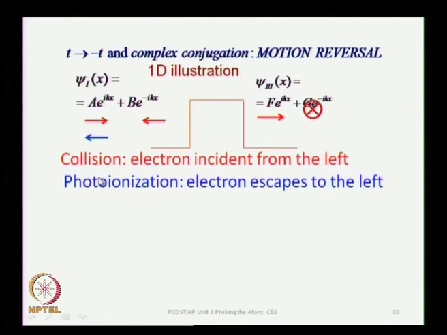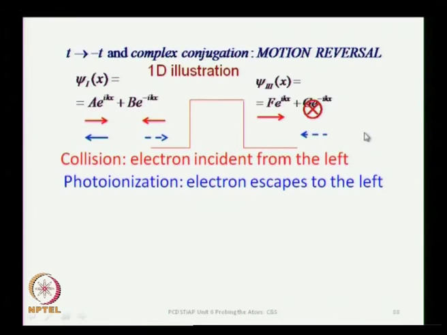Now, where was this electron in the initial state? It was not there as a free electron at all. This is not a scattering experiment, it is only in the collision or scattering experiment that you had an electron in the initial state. So, in this case you can only simulate it by these dashed arrows. This is not the real electron, but coming in from both sides to cancel the flux.